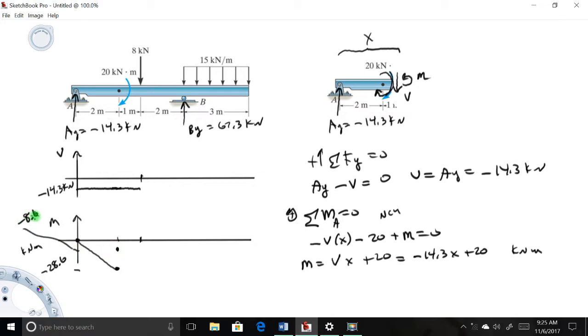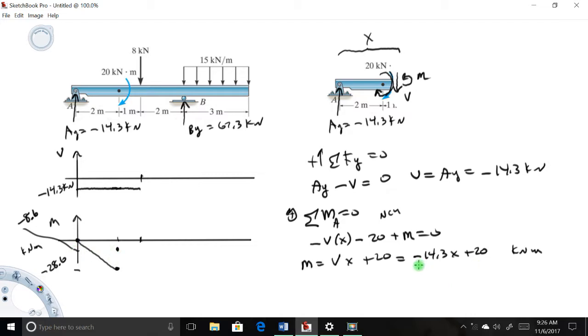Minus 8.6 kilonewton meter. I'm going to just double check that. What I'm doing is putting in x equals 2 to figure out where this function is at x equals 2. That's minus 28.6 plus 20, minus 8.6 kilonewton meter. Okay, so I'm going to put that about here.